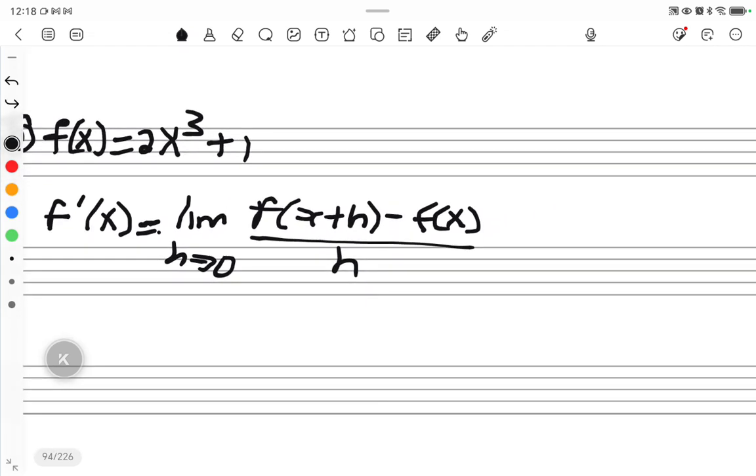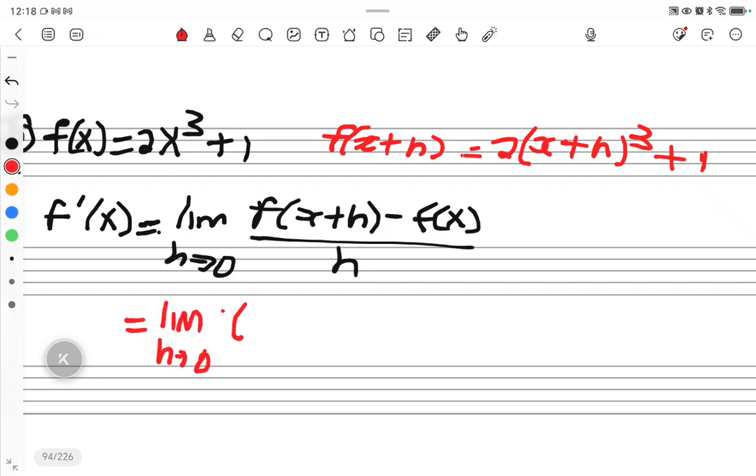So now we know we have f of x and we need what? f of x plus h. And this will be 2x plus h to the third plus 1. Then now we can substitute.